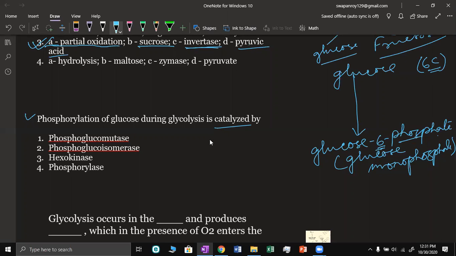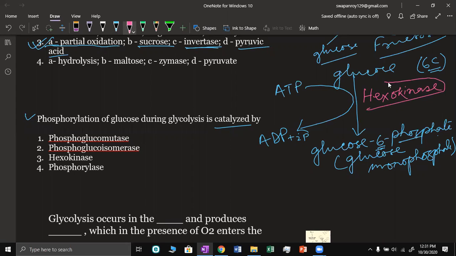And during this phosphorylation, there is consumption of ATP and production of ADP plus inorganic phosphate. This reaction is catalyzed by an enzyme known as hexokinase. Kinase is the enzyme where there is a phosphorylation or involvement of ATP.